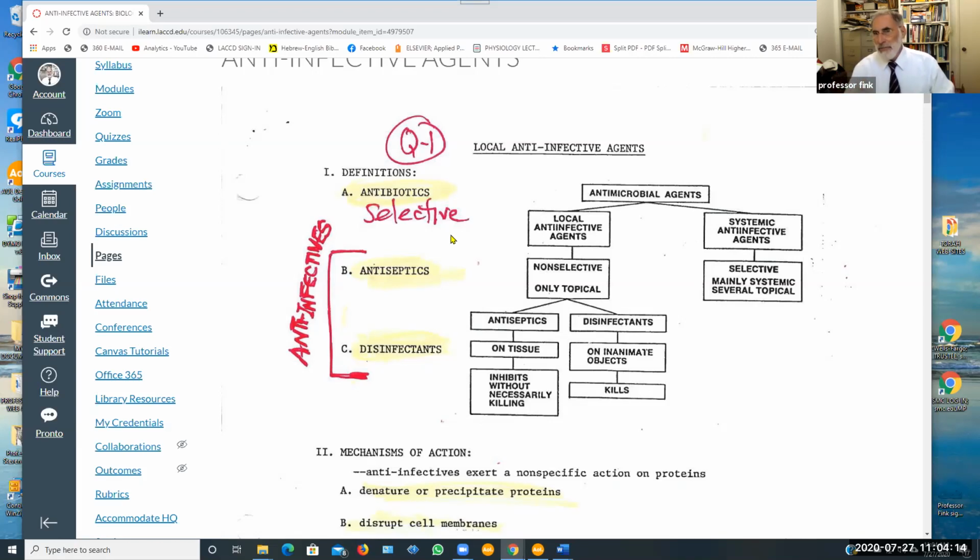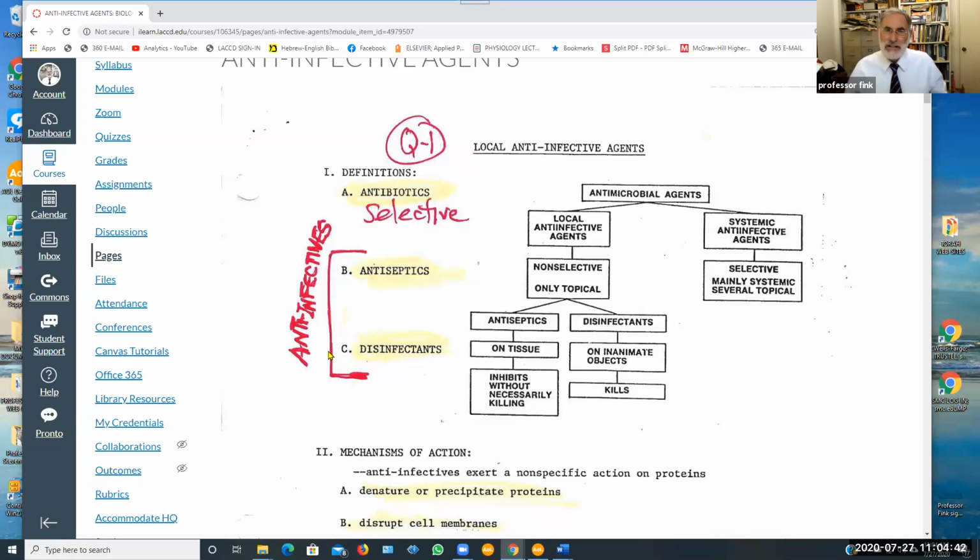For example, penicillin V is taken orally, and it's specifically effective against gram-positive cocci bacteria, among other things. Other antibiotics are specific against gram-negative bacilli. There are other antibiotics that are antifungal, so they are specific or selective.